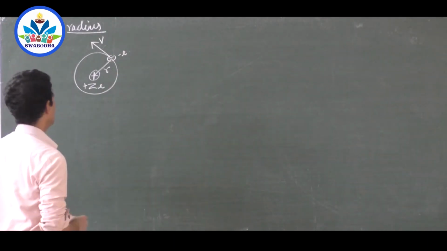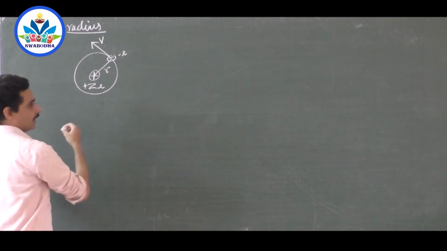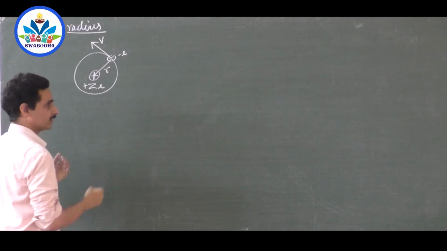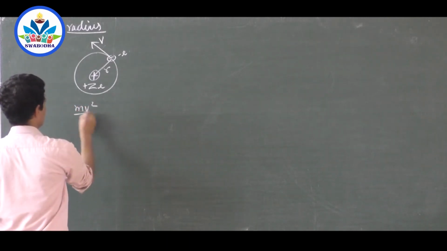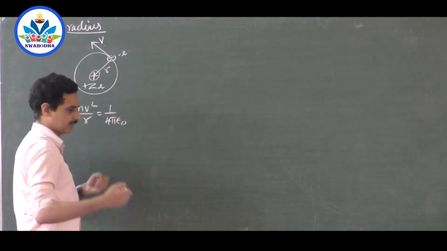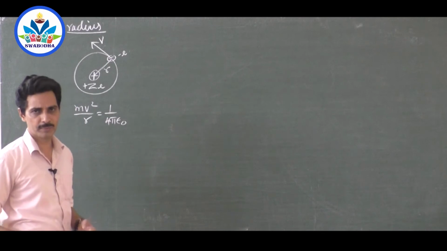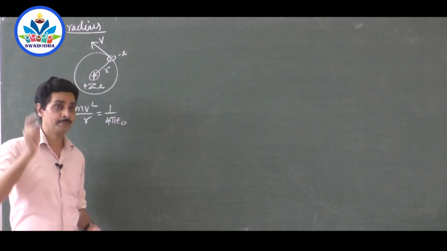Now, if you want to find the radius, first use the condition for rotation in the circular path, that is, the centripetal force is given by the electrostatic force of attraction. You know, the electrostatic force between any two charges is 1 by 4 pi epsilon naught, epsilon naught is the permittivity. You have watched that video, I think.